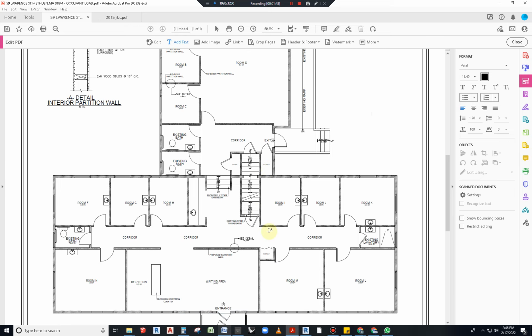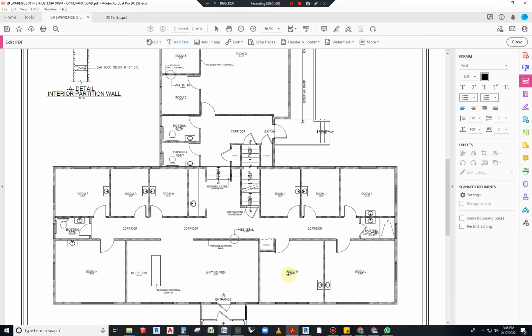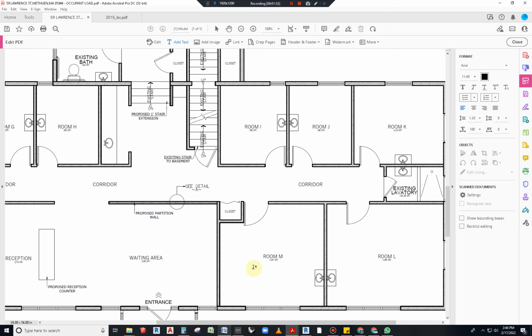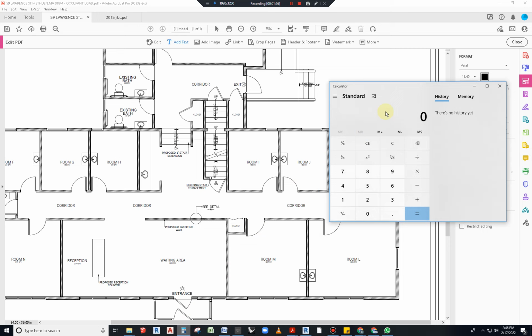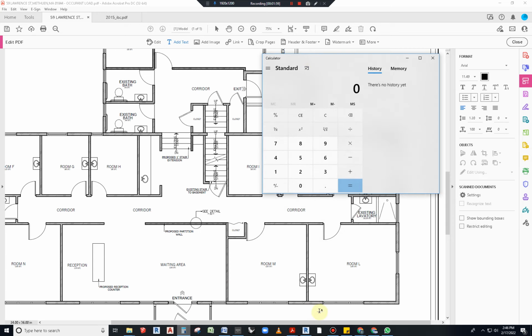Okay, so we're going to go room by room and add all of the areas that are going to be business. I'm going to try to follow a process.